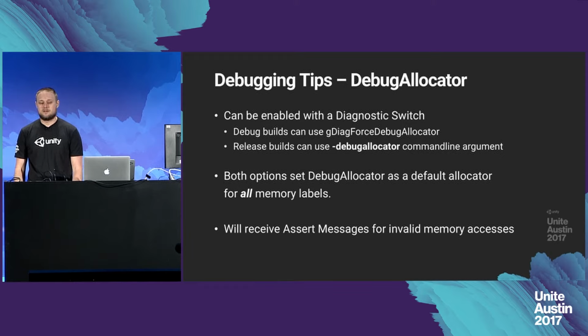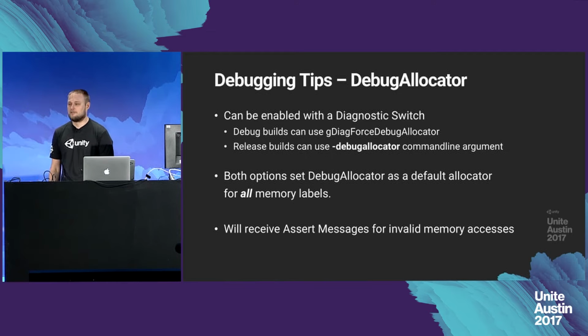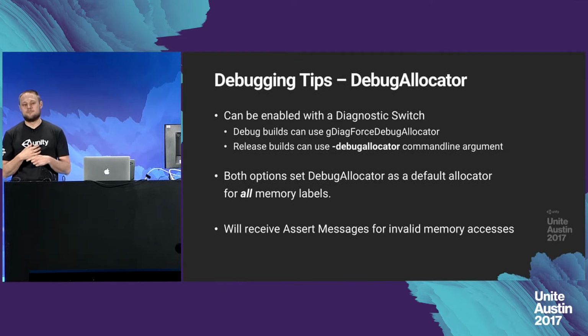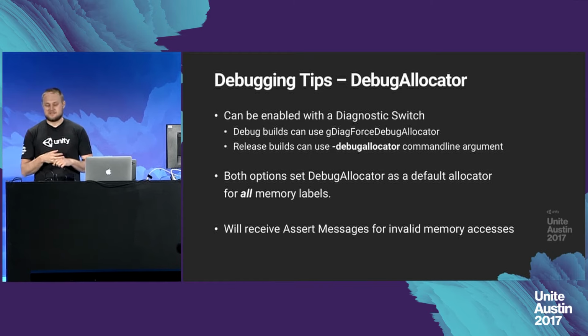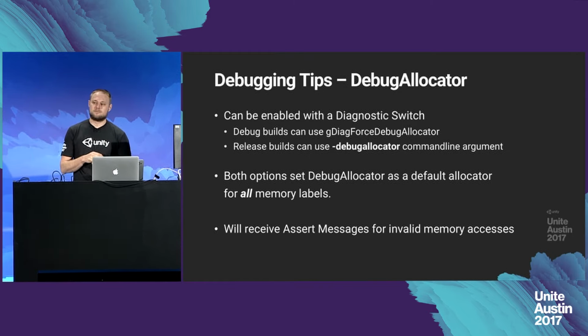Debug allocators work for all memory labels within our default allocators. So if it's within the memory scope of Unity memory, like Unity containers, like Unity vector, Unity hash set, etc., or if you've registered that memory in our memory labels.